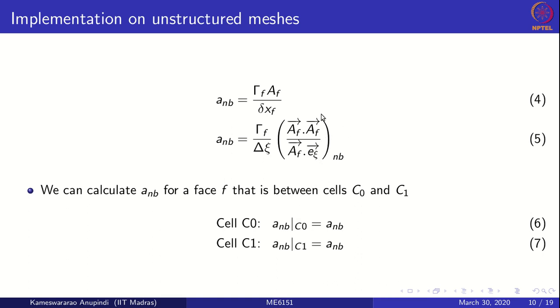Once I know all of these things, I can calculate A and B. This A and B contribution has to be given to both the cells that share the phase, C0 and C1. So the A and B I calculated in equation 5, I would assign to the A and B of the C0 cell, and also to the A and B of the C1 cell. So essentially these two are different: this is A and B for the C0 cell and this is A and B for the C1 cell.